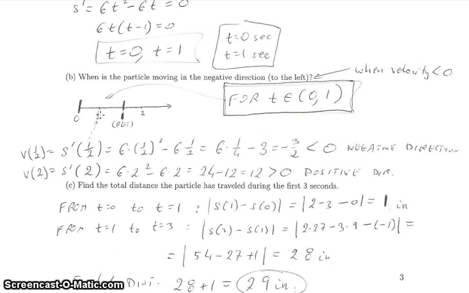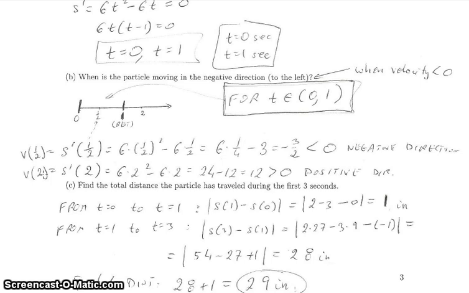So I choose a point, let's say 1/2, between 0 and 1. I plug it into my velocity, evaluate it, and you get -3/2, which is definitely smaller than 0. So I have negative velocity for a point that was tested between 0 and 1. And then I choose 2 from the other interval. You could have chosen any other point to the right of 1.